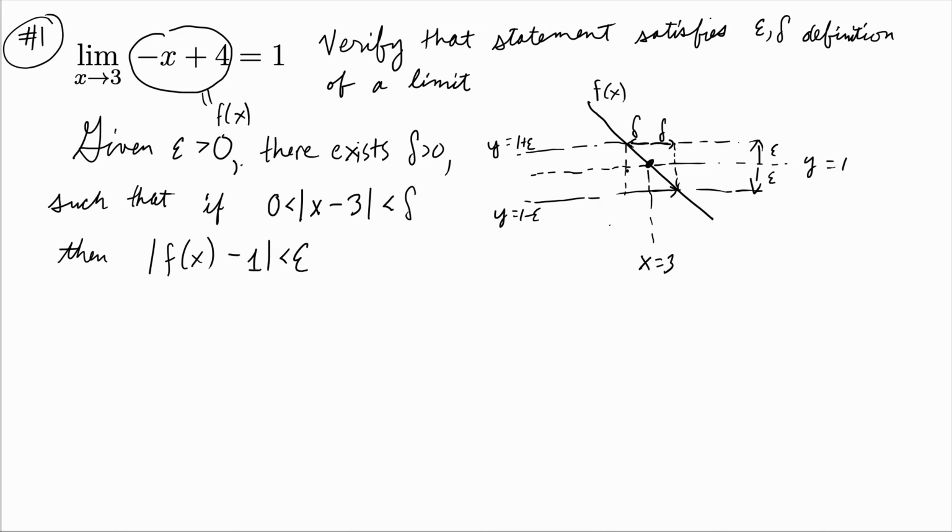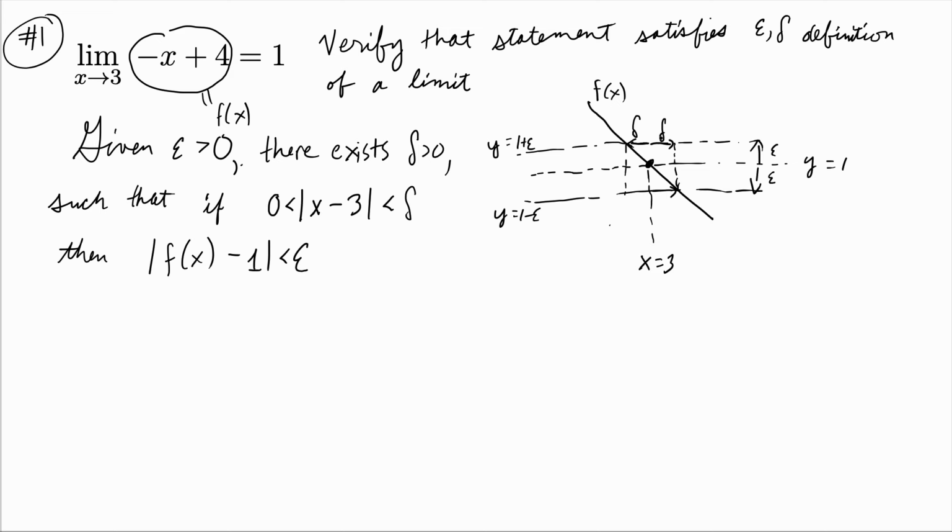So in the picture, we just saw that there is a delta in this particular situation. We verified this is holding. Why? Because this is given epsilon, meaning any epsilon. Any epsilon we choose, no matter how small the epsilon value is, there's always going to be a delta.